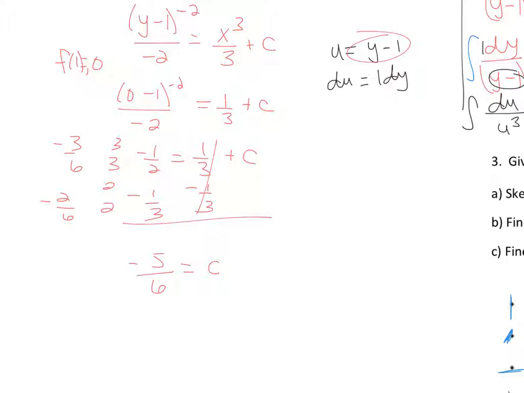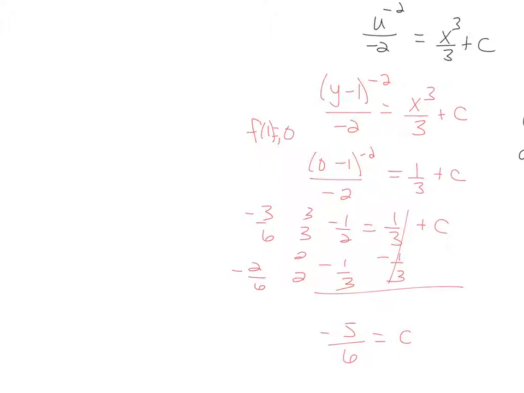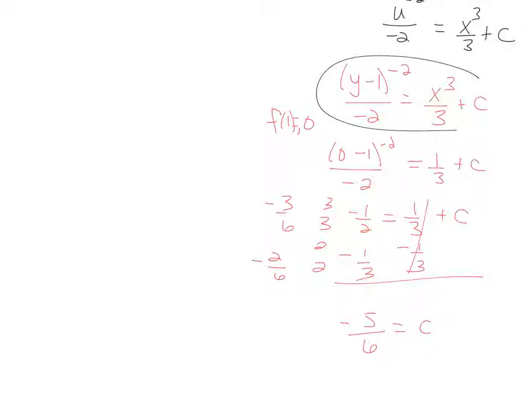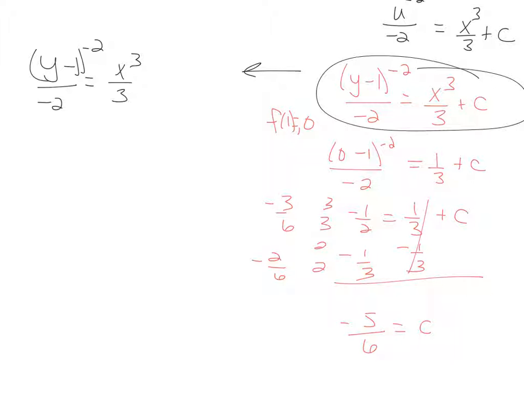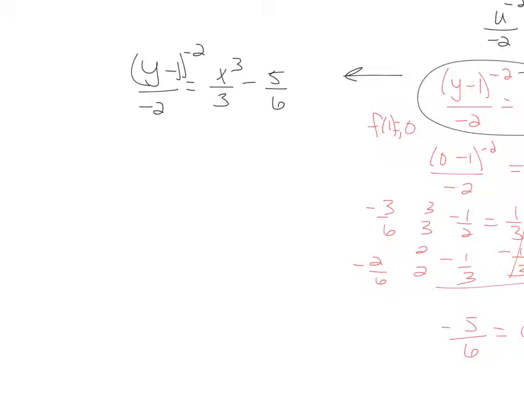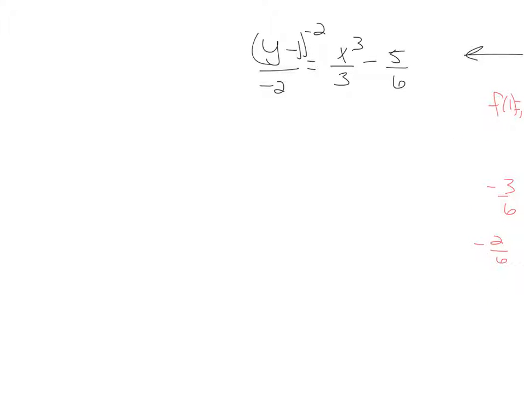Alright, so I have my c value, and now I'm going to plug it into this step right here. So I have now (y minus 1) to the negative 2 over negative 2 equals x to the third over 3 minus 5 over 6. And I'm just going to solve for y now. First I'm going to multiply by negative 2 on either side, just so I can get rid of it.